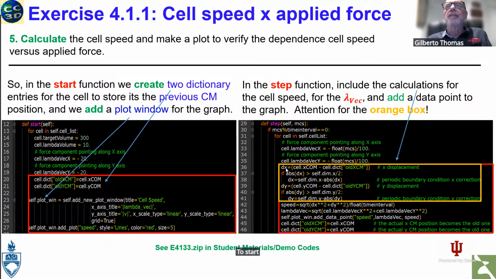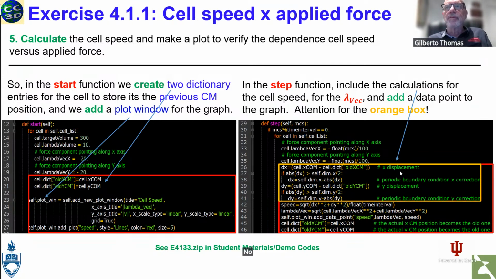We calculate the displacement as the actual position of the center of mass minus the old position, which is stored in the dictionary. Then we have the x displacement.